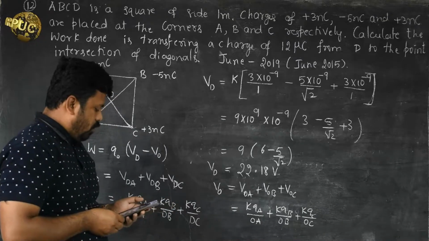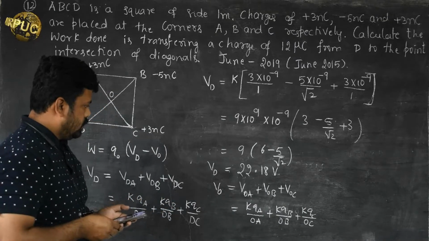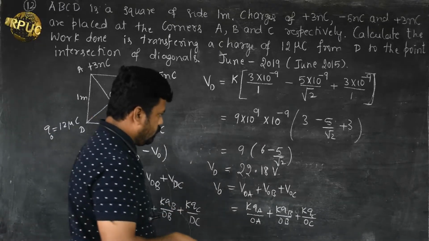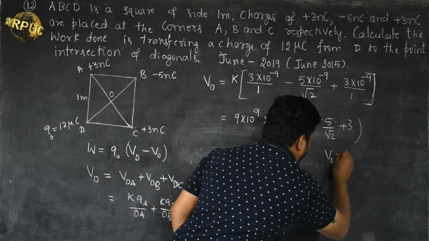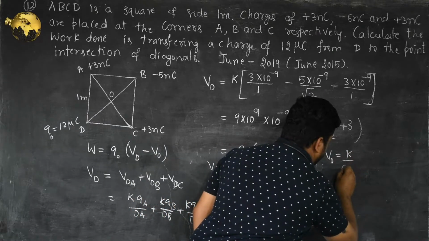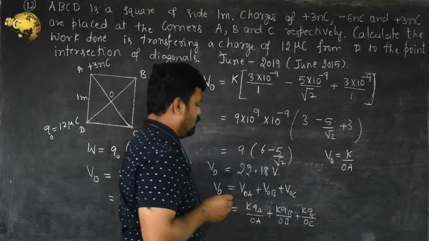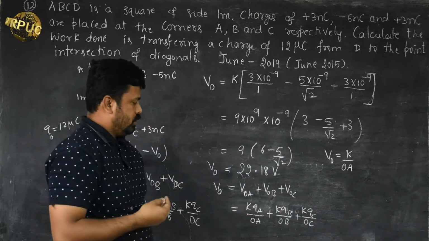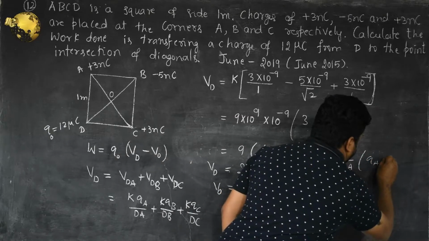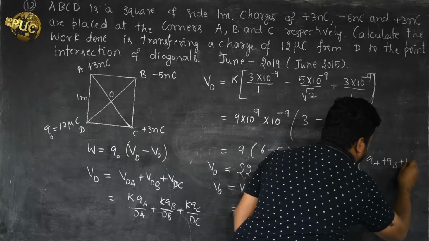What can be taken common in this is K and the distance. Vo is equal to K by the distance, I take it as OA. Since OA is equal to OB is equal to OC, I am left with QA plus QB plus QC.